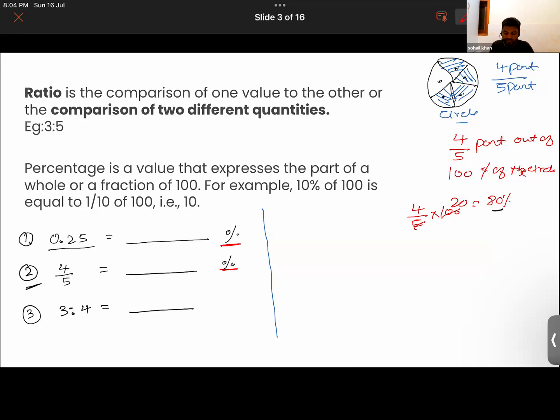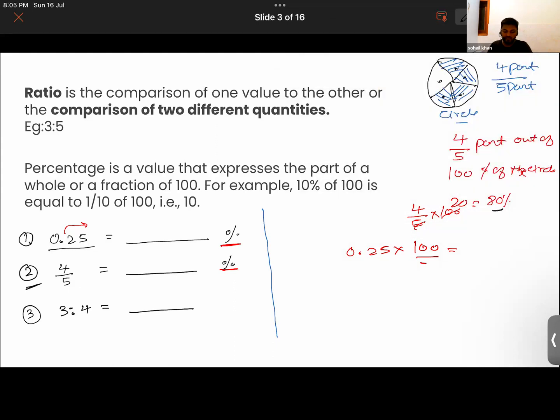Then this question will be 0.25 multiplied by 100, guys. So that is going to give me how much? Do tell me quickly. Ahmed, do tell me. 0.25 multiplied by 100.